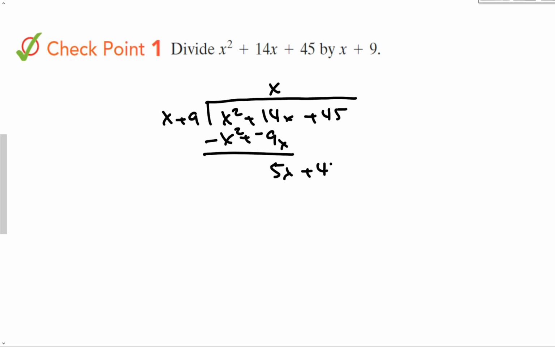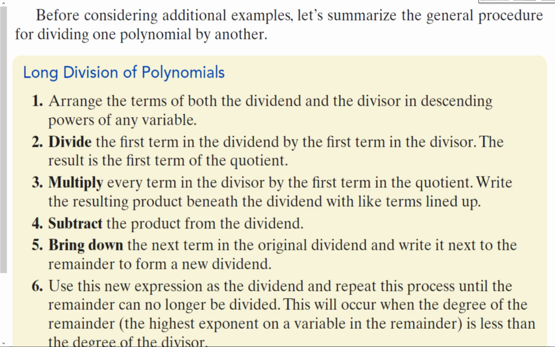Bring down 45, divide 5x by x, that's a 5, and 5x plus 45, when we multiply by 9, subtract, and we get a remainder of 0. Which again means that x squared plus 14x plus 45 divided by x plus 9 is x plus 5. And we could also say that x plus 9 times x plus 5 is x squared plus 14x plus 45.